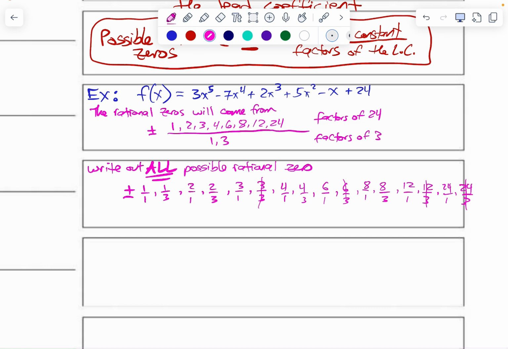Okay, I want you to do this side. I'm going to call it the front side because it has your name. Only list the possible roots, nothing else.